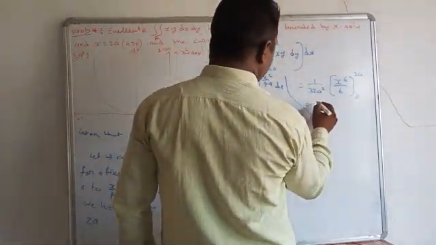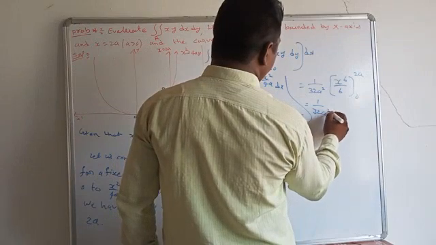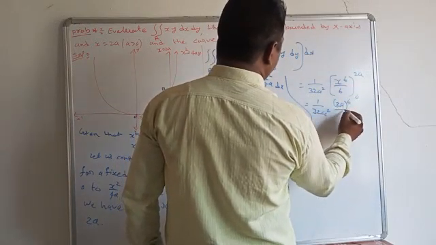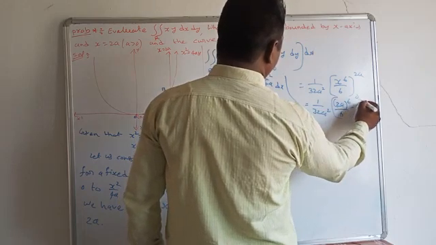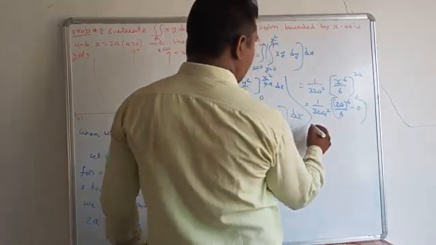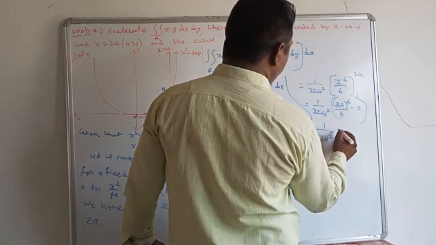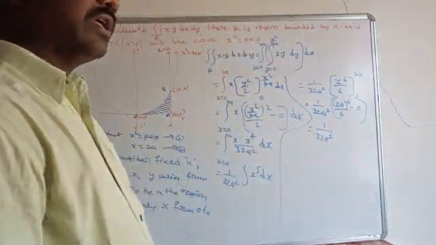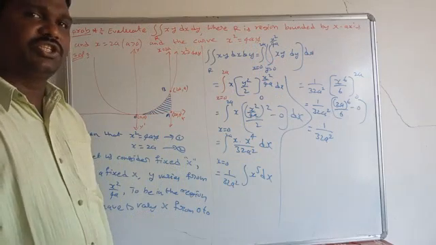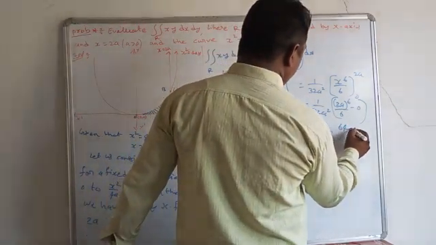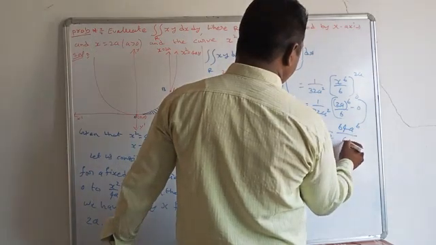And this implies 1 by 32 a square, upper limit 2a apply చేస్తే 2a whole to the power of 6 divided by 6 minus lower limit 0 apply చేస్తే 0. And this is equal to 1 by 32 a square, 2 power 6: 2 2s are 4, 4 2s are 8, 8 2s are 16, 16 2s are 32, 32 2s are 64, a power 6 divided by 6.